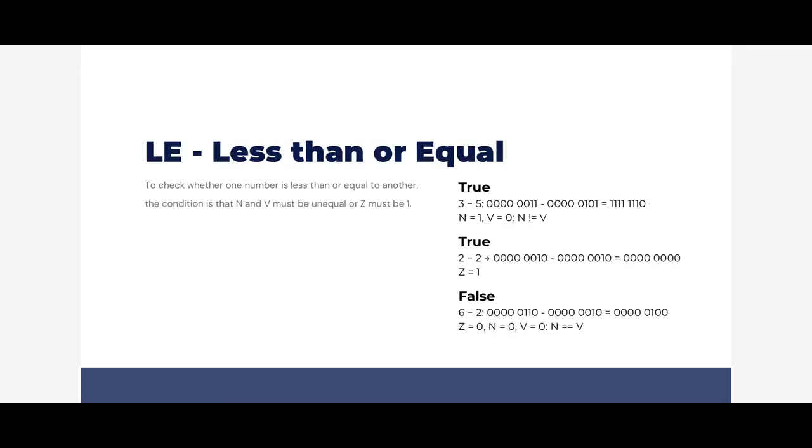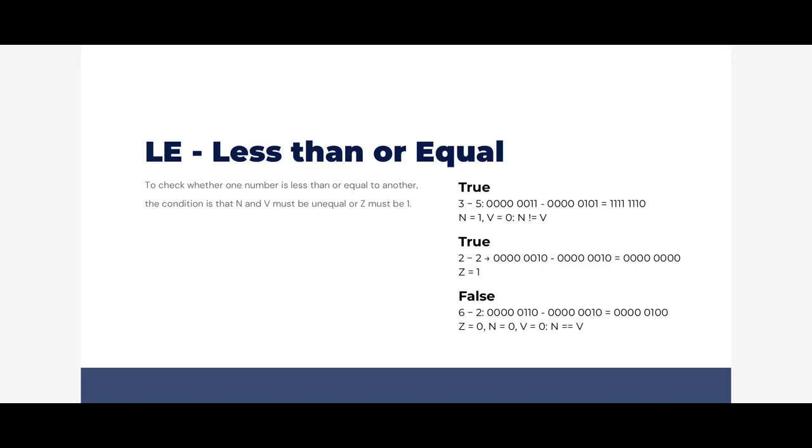And we come to the last comparison, which is less than or equal. To check this condition, we again look at N, V and Z flags, and if N and V flags are unequal or Z is 1, it means that this comparison gives a true result.